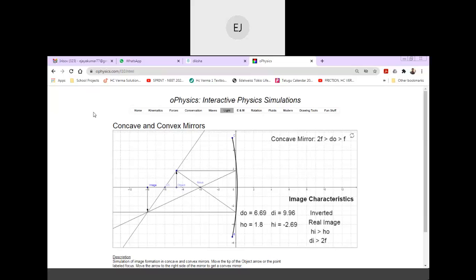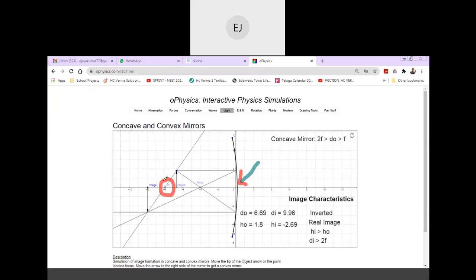And there is something called the midpoint of the mirror. This one we call the pole of the mirror. So we are learning some terms related to curved mirrors. One term is center of curvature; since it is a part of a sphere, there is a center.